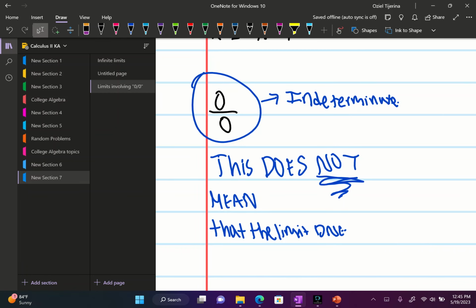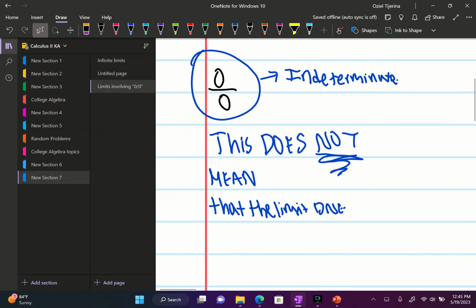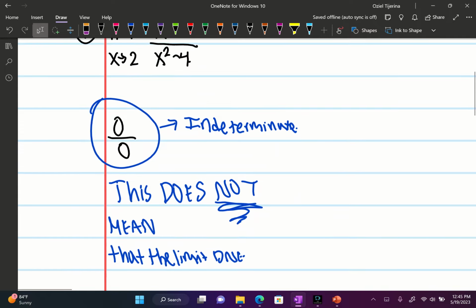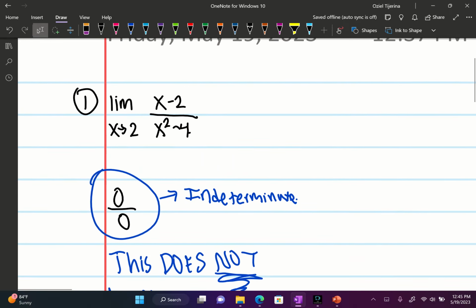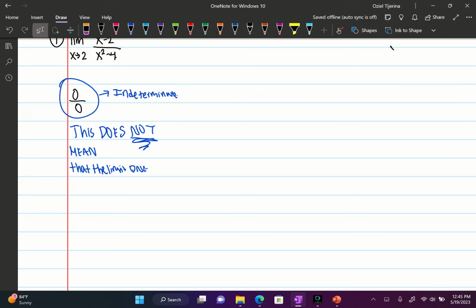If we have 0/0, it does not imply that the limit does not exist, and it also doesn't mean that it's 0, because 0/0 is undefined. A lot of people make that mistake, and I really want to clarify that it's neither of those, right? Because this is the most common error that a lot of people make when finding limits, when they have a 0/0 kind of thing.